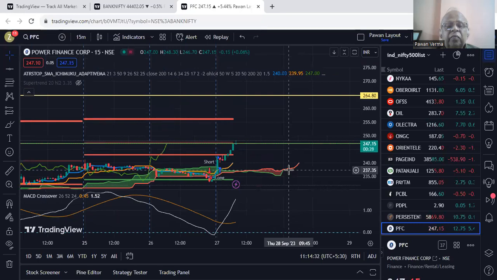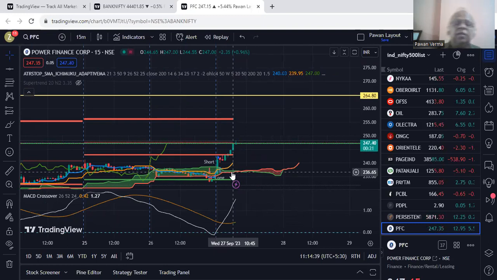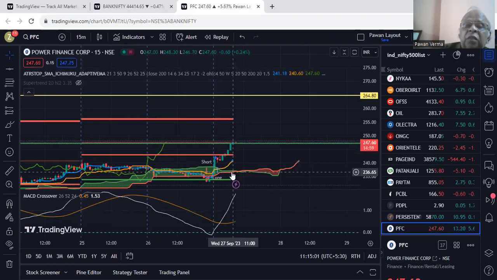Now, the Tenkan-sen crossover. Yes, the Tenkan-sen has just breached the Kijun-sen. See the value. The blue line reflects the blue. See the text in the upper right side, here 240.03 and 239.95 is coming.